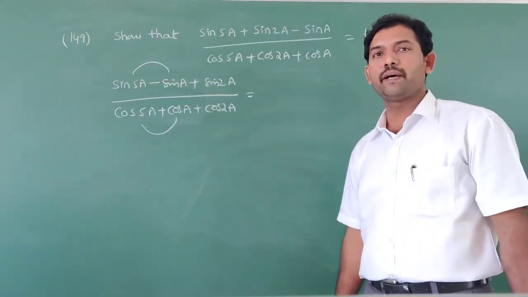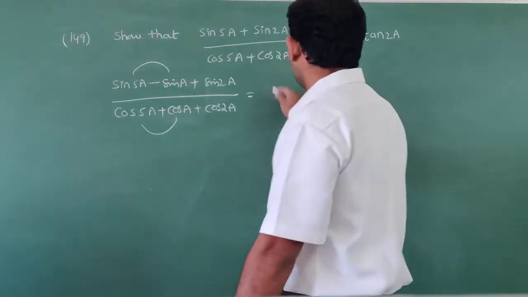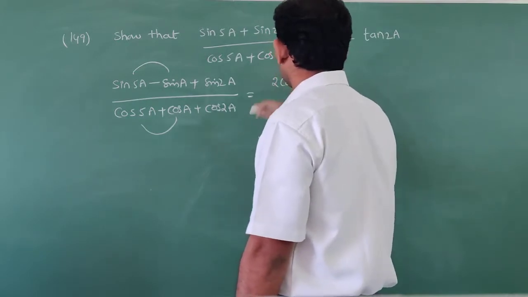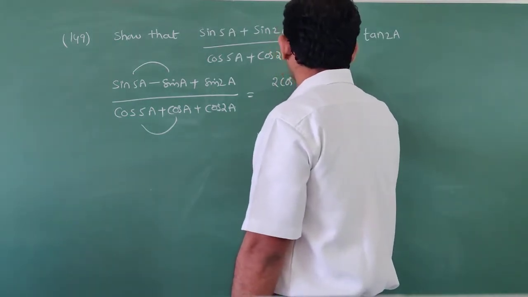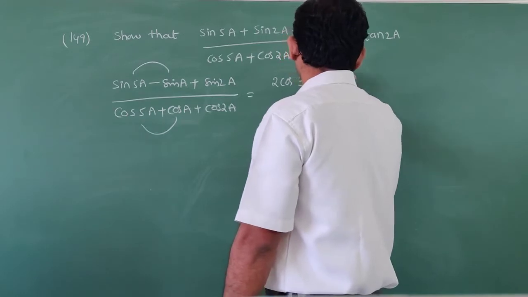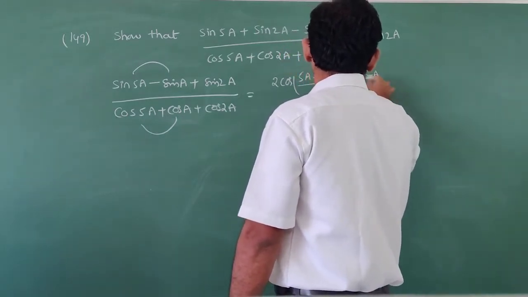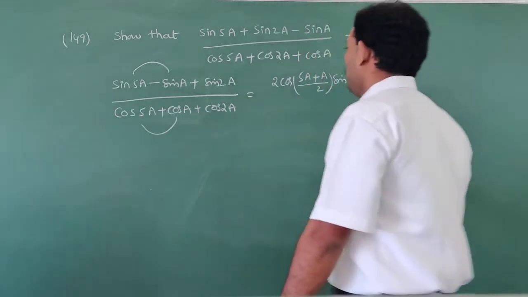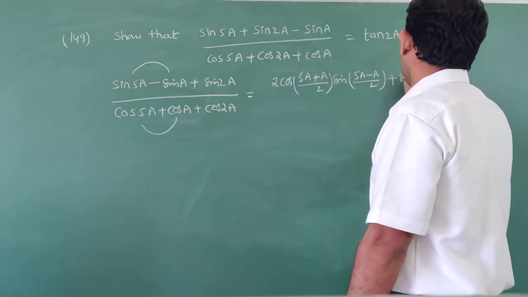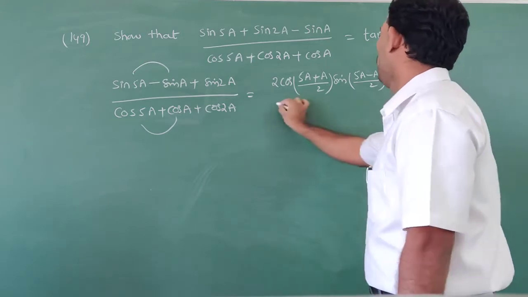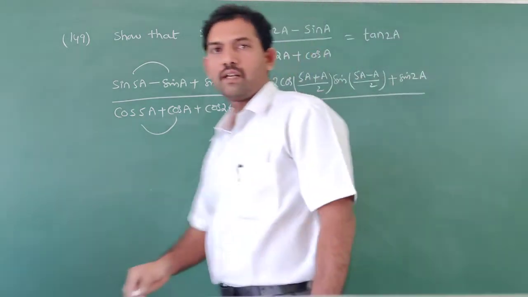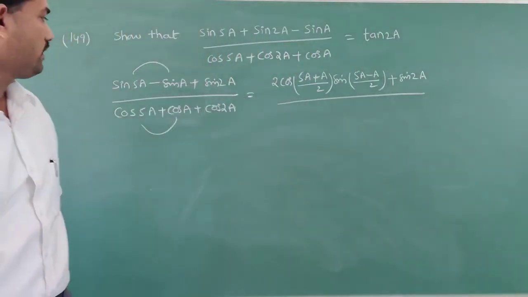Sin x minus sin y formula. So 2 cos (5a plus a) divided by 2, sin (5a minus a) divided by 2, plus sin 2a, whole divided by cos 5a plus cos a.